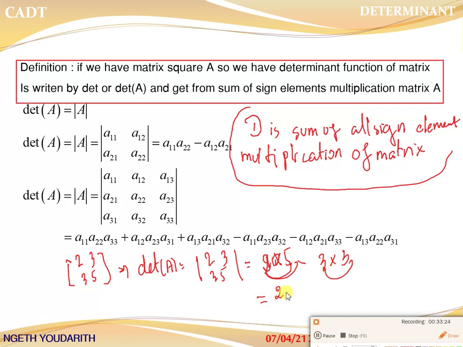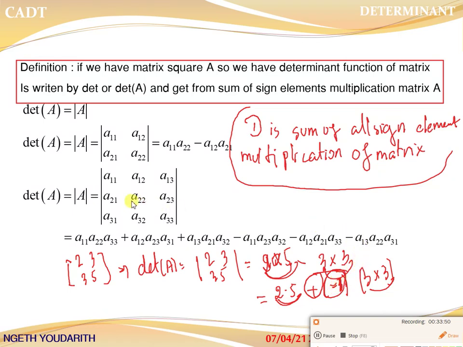So we can write 2 multiplied by 5 plus minus 3, or minus 1, 3 multiplied by 3. This is the element of multiplication, and this the element of multiplication, and this is the sum, and this all sign. Sometimes it has a negative, sometimes a positive sign.